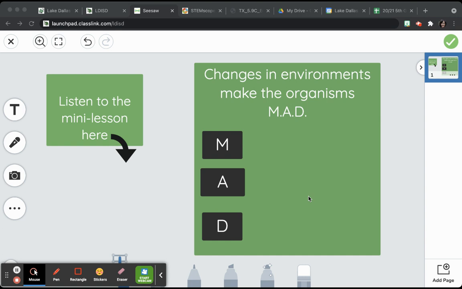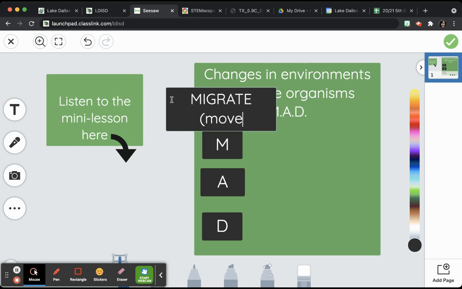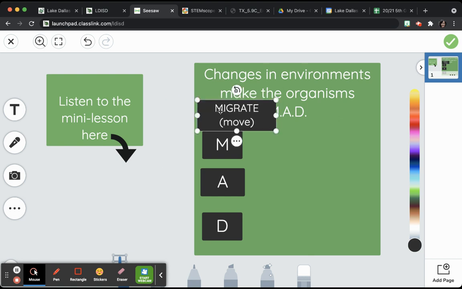Okay, so real briefly here, the changes in environments make the organisms MAD. We're going to start with the M. This M here stands for migrate. Migrate means to move, and you guys probably know that.